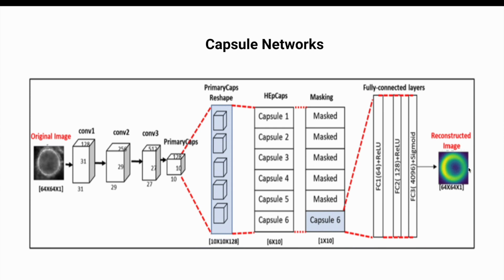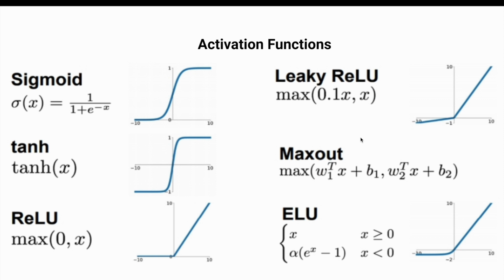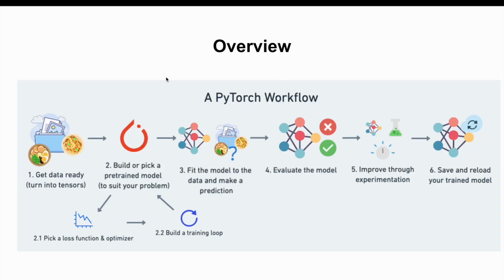It's a basic illustration of a capsule network that I wanted to show you as an introduction to the neural networks we can utilize with PyTorch. And I think that does it for neural networks that we can use in PyTorch.